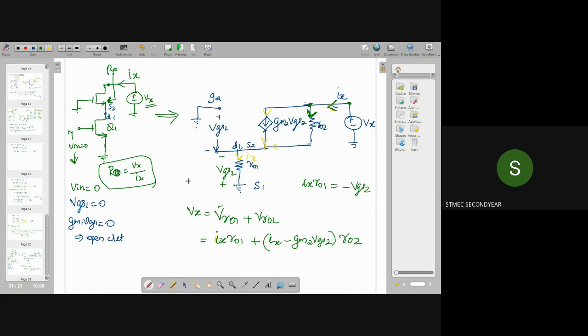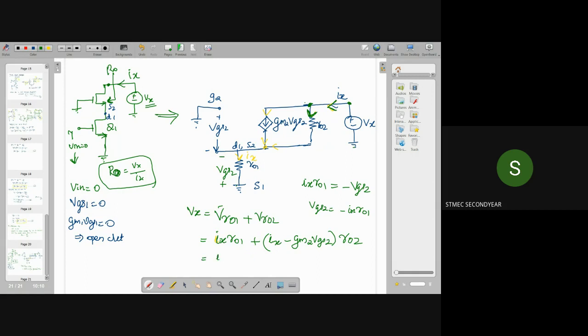See, the polarity is opposite. So Ix into R01 is equal to minus VGS2, or I can replace VGS2 with minus Ix into R01.